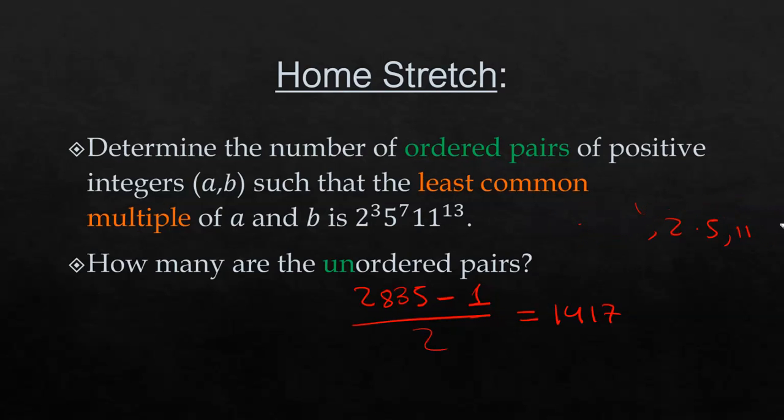So we managed to figure out how many ordered pairs we have, which is 2835. And then we even figured out the unordered pairs, where we subtract the one that has both entries the same, and then we divide by 2 to kill all of the mirrors. And that actually concludes our mission. Yes, that's all that I wanted to say.